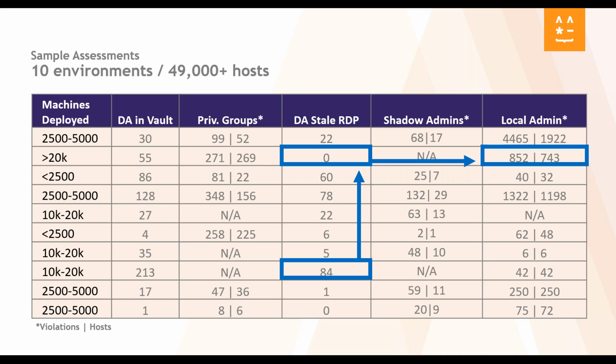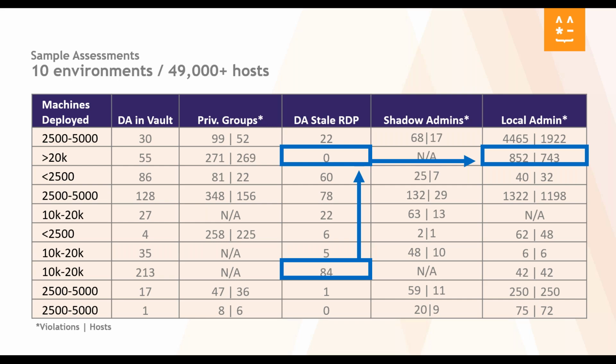However, jumping over into the facet of local administrators, we see this is an area of fairly deep struggle. So what we found is that there are unmanaged local administrator accounts, meaning the passwords are not being managed by LAPS or some kind of a PAM program.